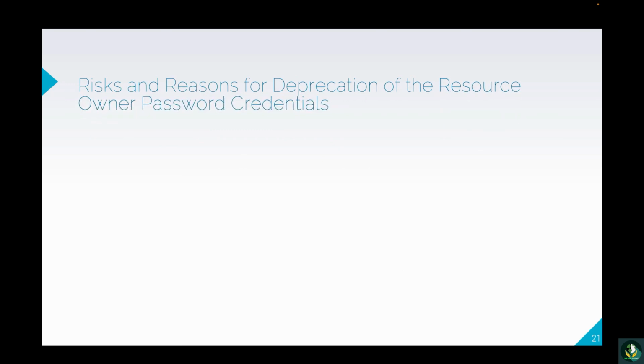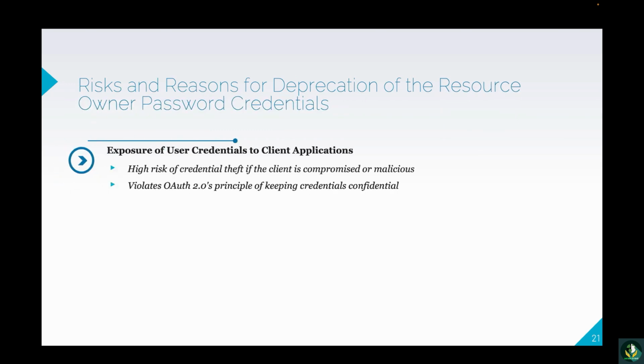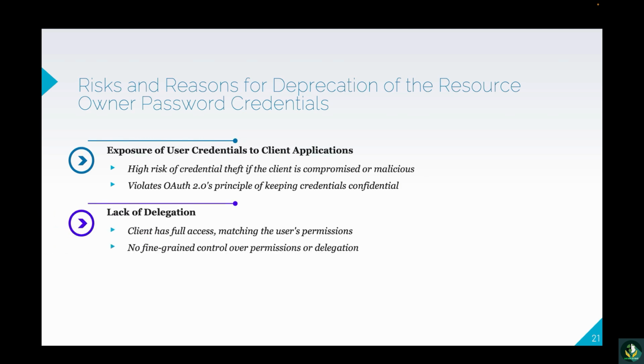Here are some risks associated with this flow and the reasons for its deprecation. First, it exposes user credentials to client applications, increasing the risk of theft if the client is compromised. It also violates the OAuth 2 principle of keeping credentials confidential. Additionally, there is no delegation, meaning the client gets full access, matching the user's permissions.